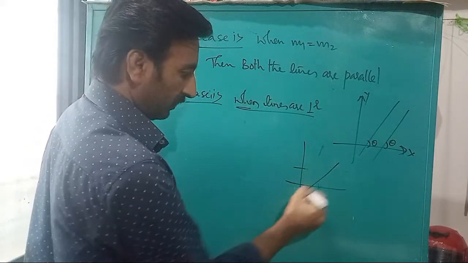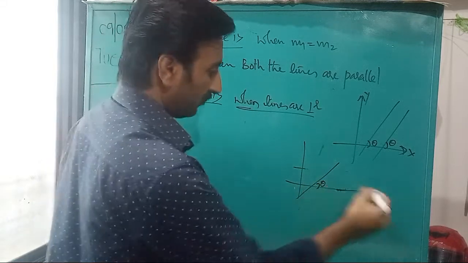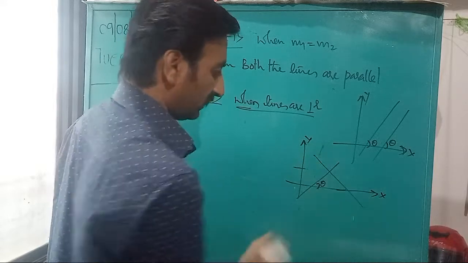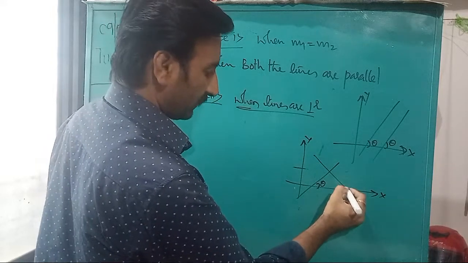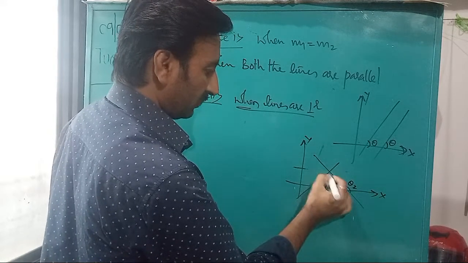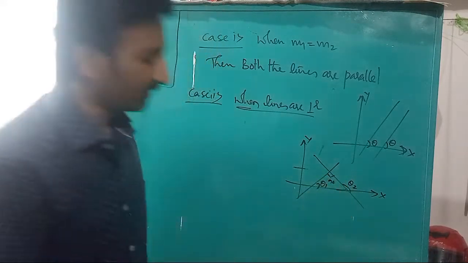Okay, so this I say is theta 1. This is the x axis. Now I will take another like this, you can call it theta 2, and this is theta 1. So this is the angle of 90 degrees. Obviously that will be 90.